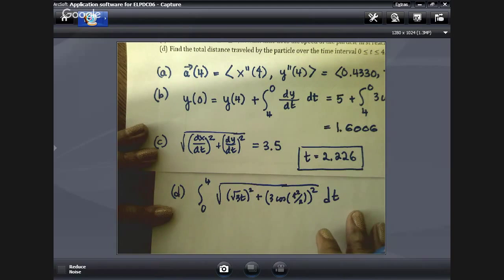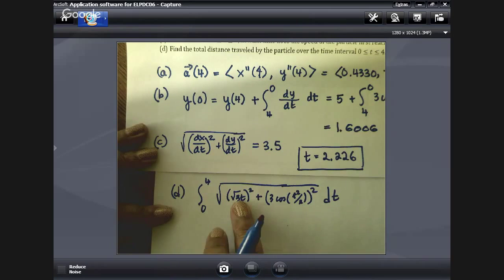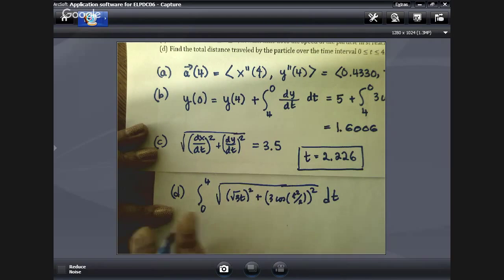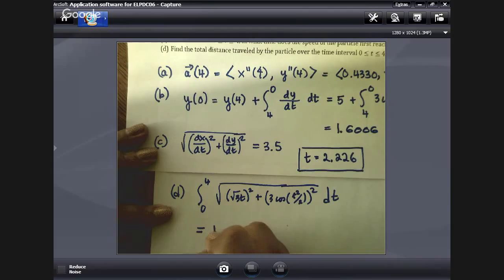There's my setup. I put this in my calculator. Now remember, if you had done what I suggested before and put dx dt in y1 and dy dt in y2, you could just do y1 squared plus y2 squared and not have the problem of possibly typing something in wrong. And this is going to be approximately equal to, but we're going to say equal to 13.182. And that rounds and truncates to the same number. So here's my setup and my answer.